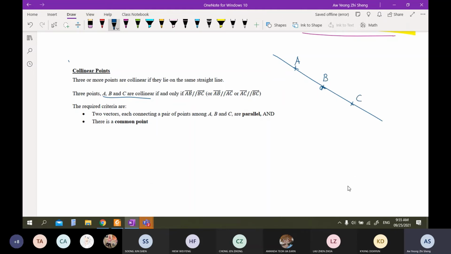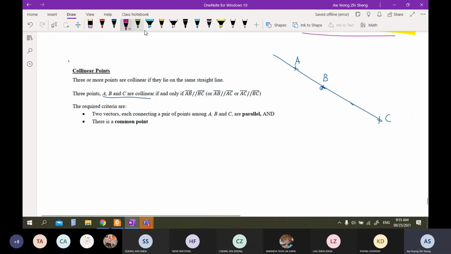If A, B, C lie on the same straight line, then we call them collinear. If we have a diagram like this where A, B, and C lie on the same straight line, you can even put your C very far away. It doesn't matter. As long as they lie on the same straight line, we say they are collinear.